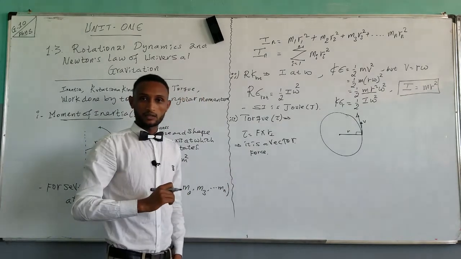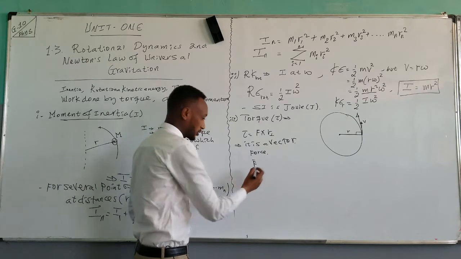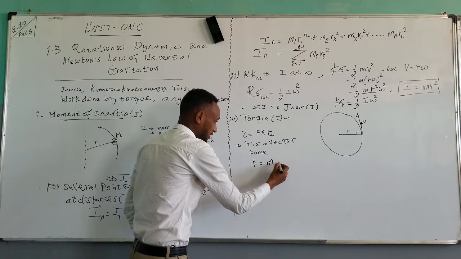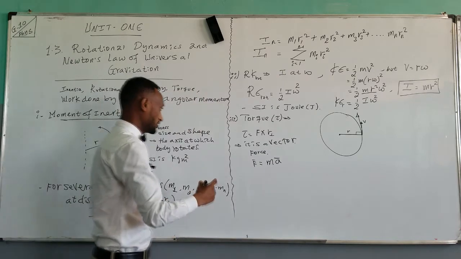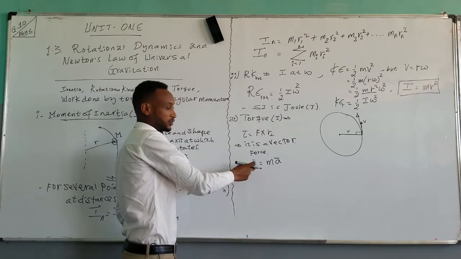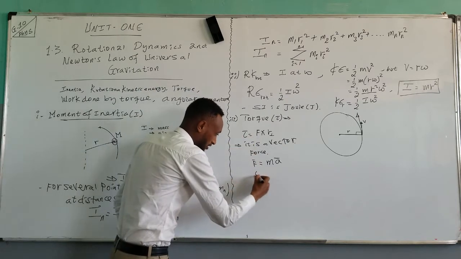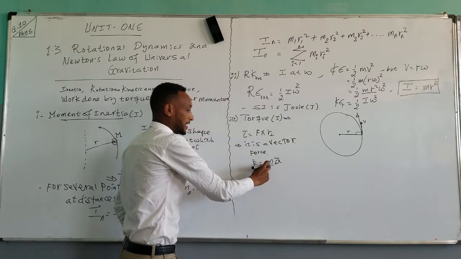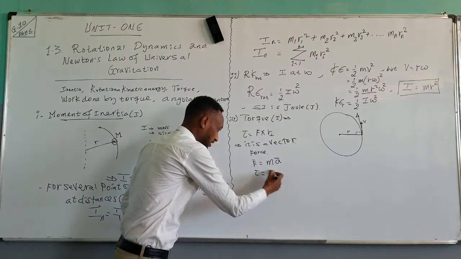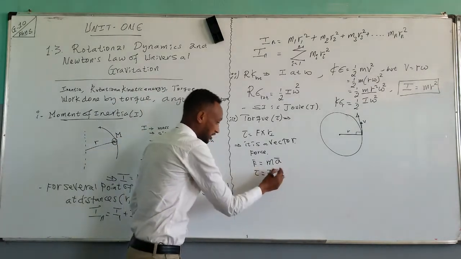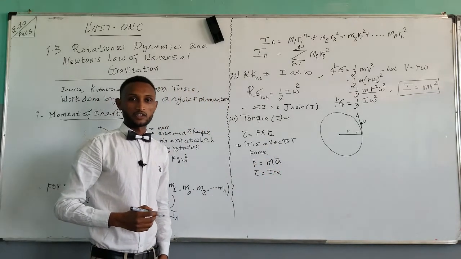From Newton's second law of motion, we know that the force acting on a body is directly proportional to the mass and the acceleration of the body. In this case, its linear equivalent is force, but in rotation we have torque. You can express that torque is equal to the moment of inertia, which is the rotational equivalent of mass, times the angular acceleration.